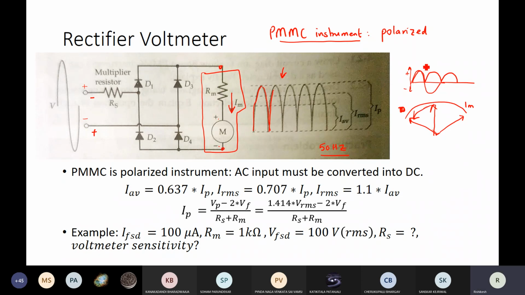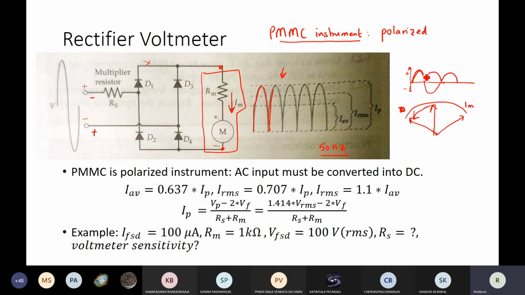Now, if you don't supply a positive quantity only, but let's say you don't use a rectifier circuit and directly apply an AC quantity, and imagine that the AC quantity magnitude is small enough not to damage the meter. In that case, what will happen?